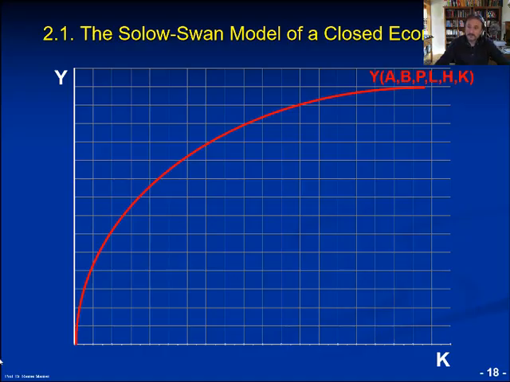For example, if we add the first machine to the production process, symbolized here by the length of one little quadrant, then GDP grows quite strongly by 1, 2, 3, 4 little quadrants.